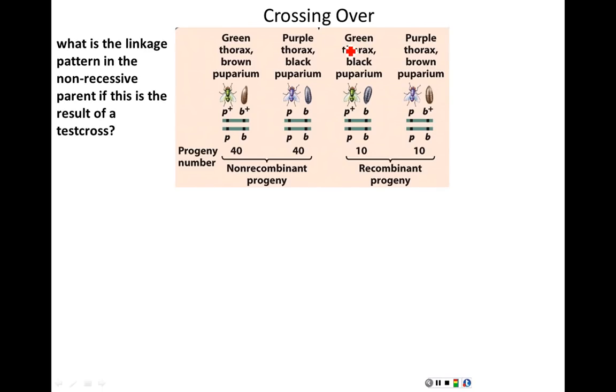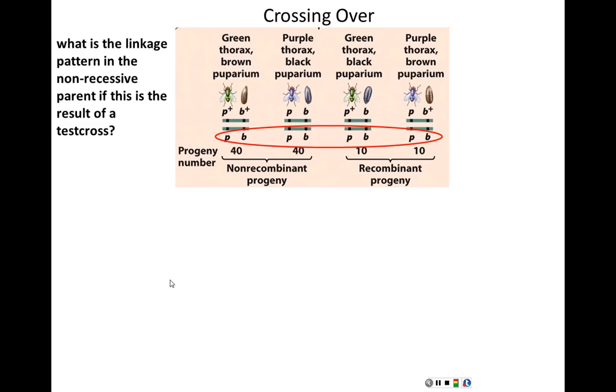And then we have dominant with recessive and recessive with dominant. The question becomes, what's the linkage pattern in the adult that was test crossed to give these progeny? Well, your highest number is your non-recombinant progeny because crossing over is rare. These progeny are those that resulted when there was no crossing over. So whatever the 2 linkage patterns are in these offspring, that's the linkage pattern in the parent.